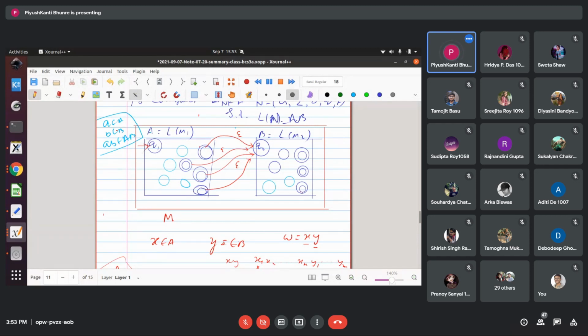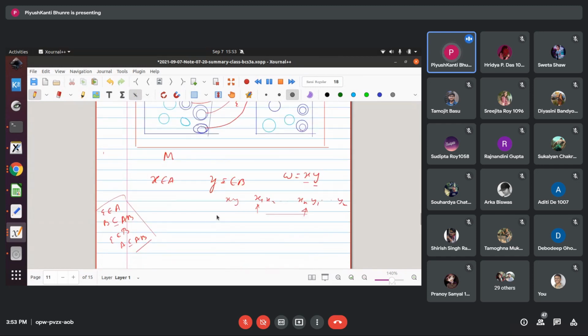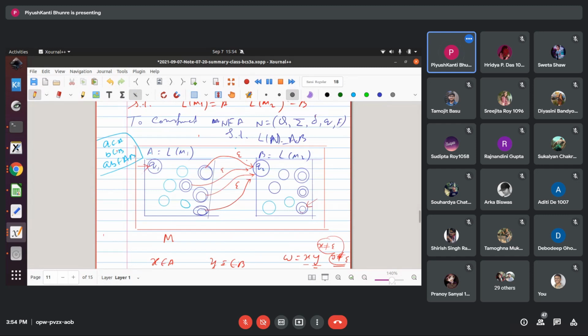Otherwise, it can move by epsilon. Suppose epsilon is not there in B. Then any string from AB will be of this form, where x is not equal to epsilon, y is not equal to epsilon. In this case, the machine will always end up in some of the final states over here.